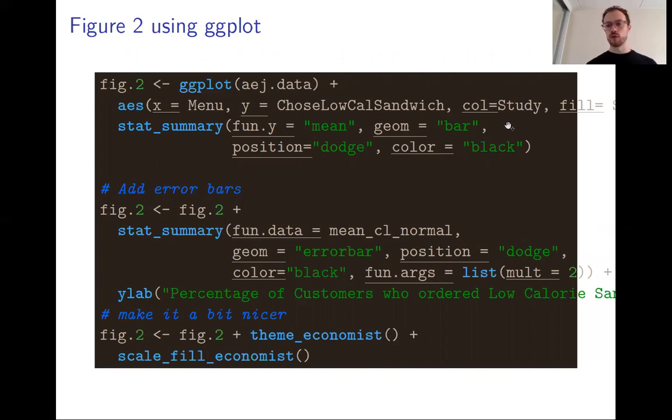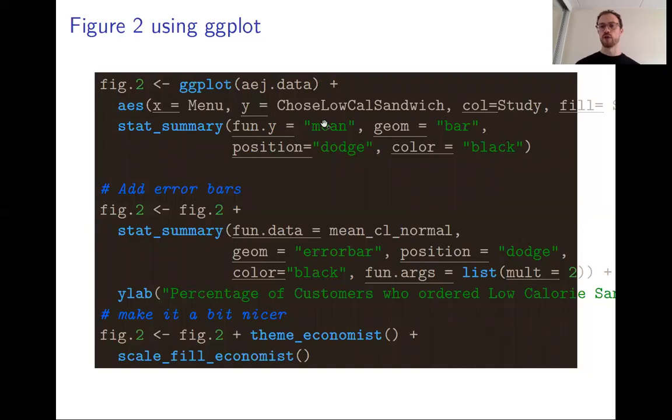And then on top of this, I add a geometry layer, and the geometry layer here is the layer called stat summary that calculates some statistic from the data we give it. First of all, I specify the function of y is mean, and the geometry should be a bar. So we want to have the function mean applied to the y variable.